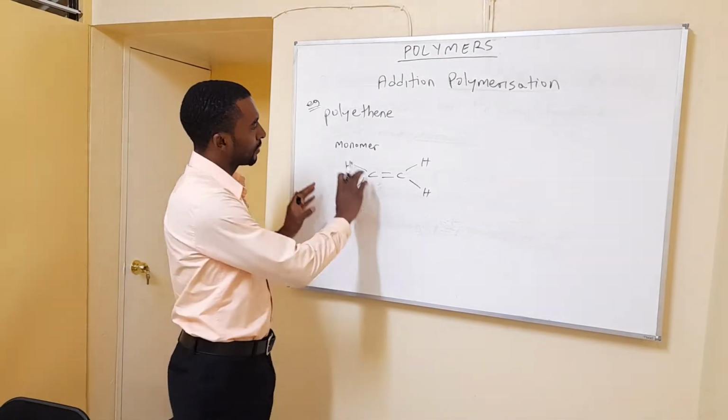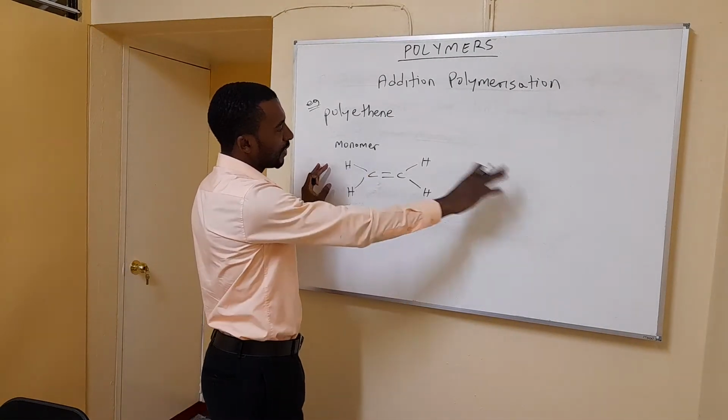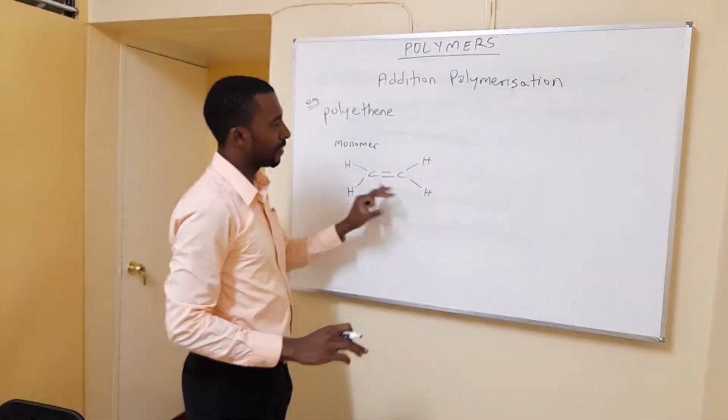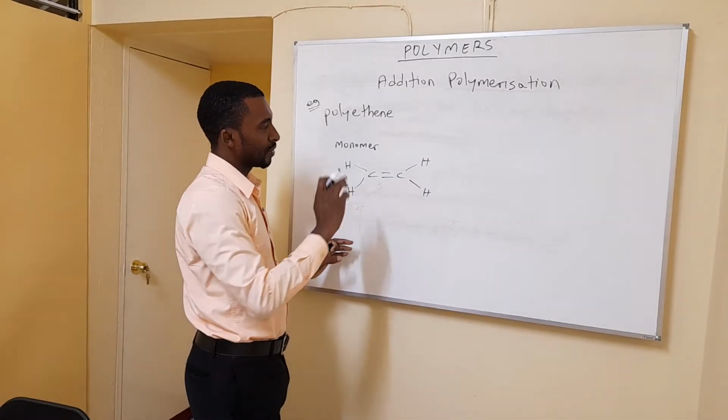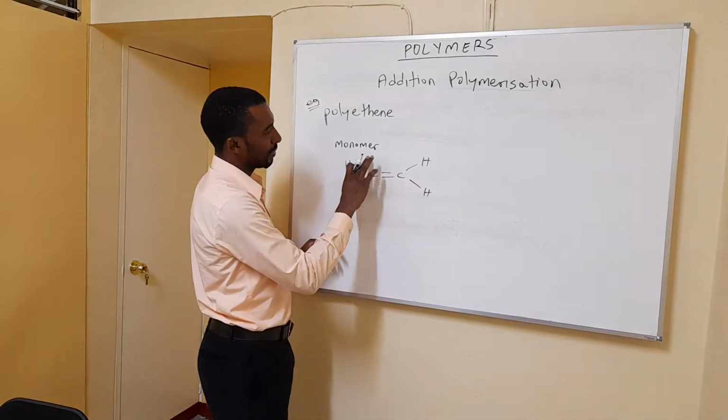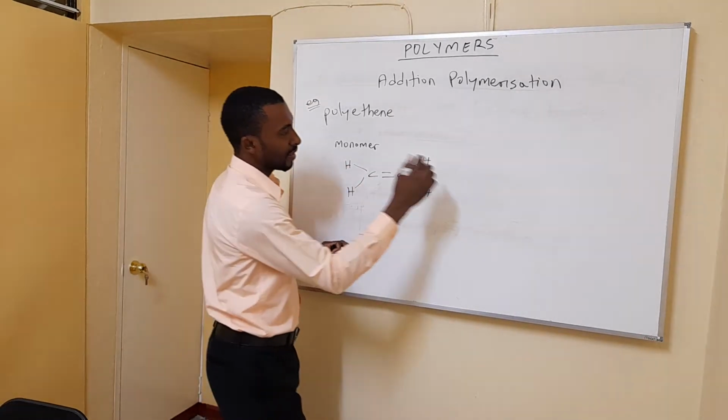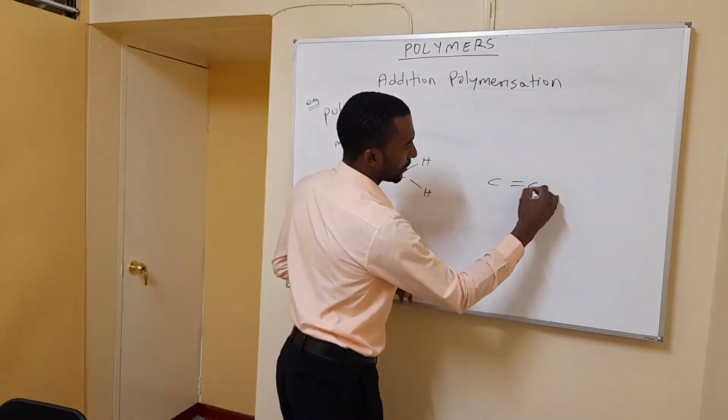When 50 or more ethene molecules undergo an addition reaction, remember that what's happening when the monomers react is that another ethene molecule will be over here.